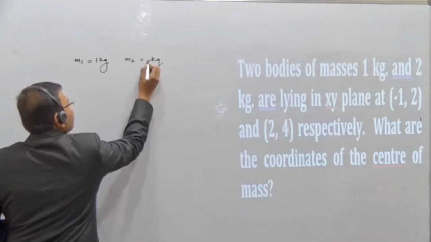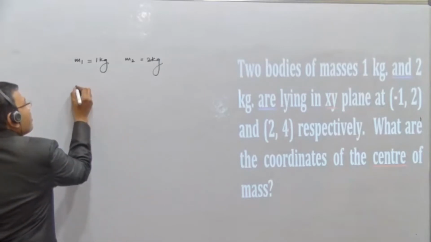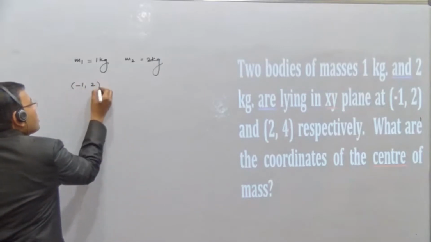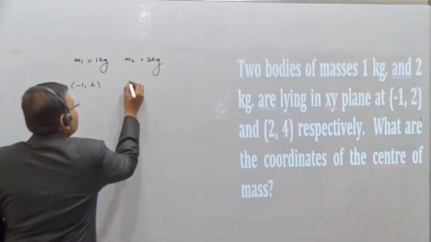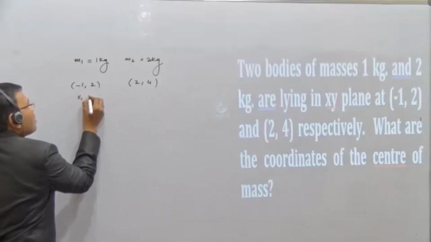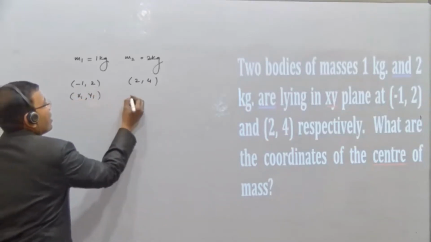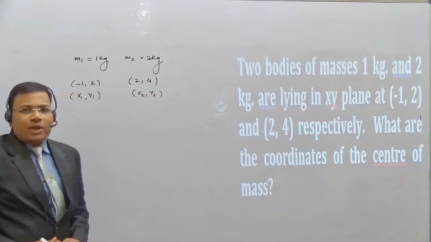Now the points they have mentioned, -1, 2, are for the particle of mass m1. Another particle is kept at 3, 4. So what I consider here is x1, y1 and this is x2, y2, as per the concept we have seen.